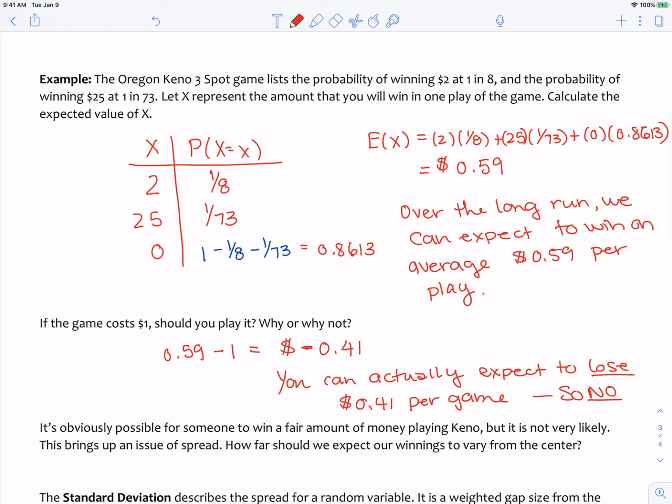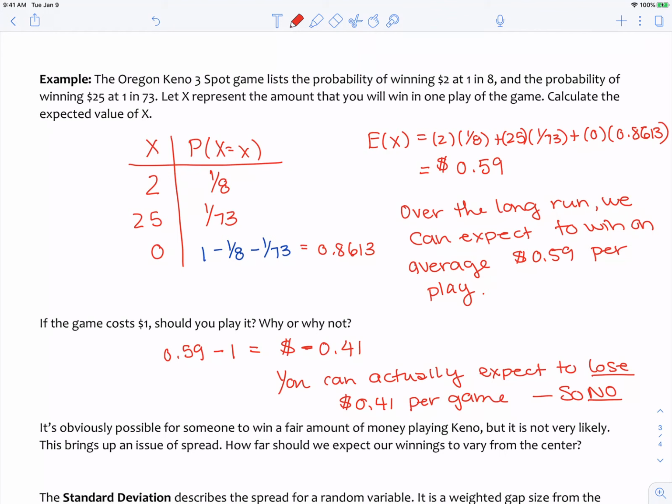The occasional time we might win, we might come out ahead, right? But when averaged all out over multiple game plays, we're going to come out in the red, right? We're not going to be ahead of the game. If we had an expected value that was positive, even 59 cents, well, then it's actually a worthwhile investment because you can play multiple games and come out ahead by at least that little bit for each game on average.